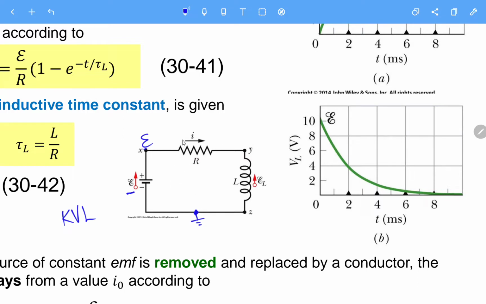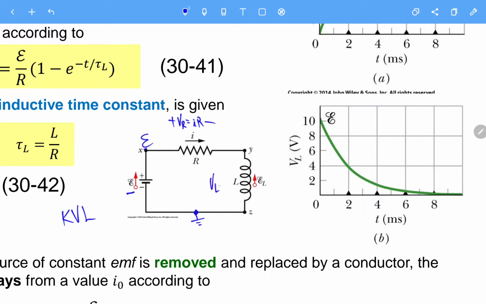Okay, so in this case, there will be a voltage drop for this resistor. The voltage drop is I times R, according to Ohm's law. So this voltage, VR, is nothing but I times R. So from 0 going up and then going down and then down again.